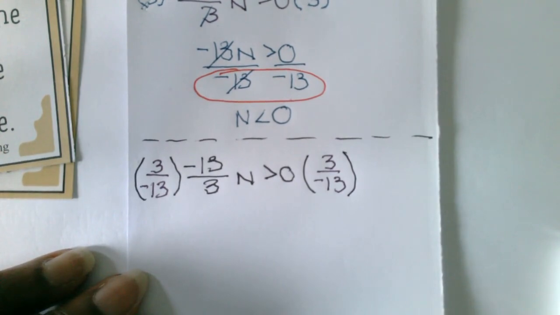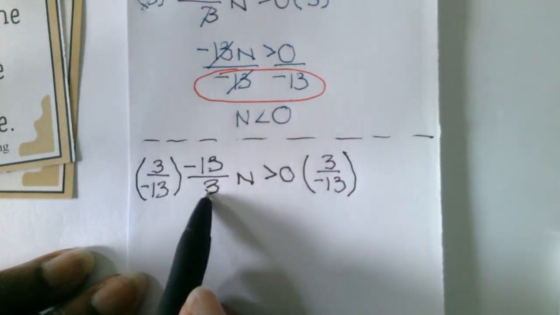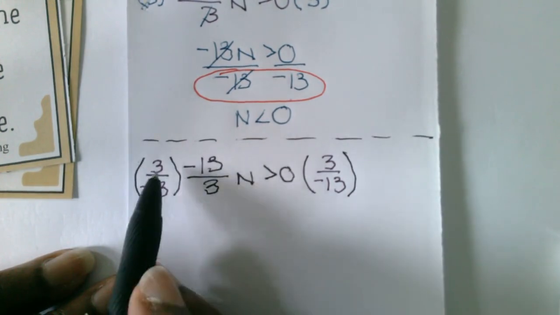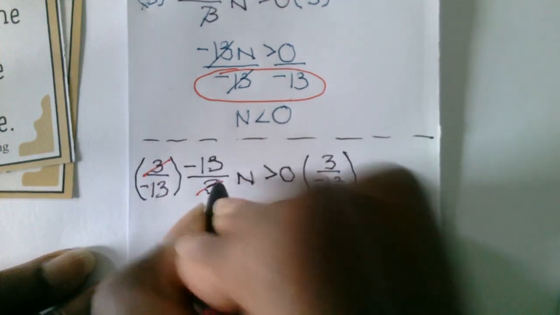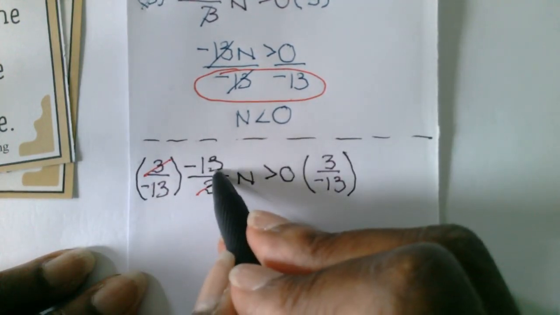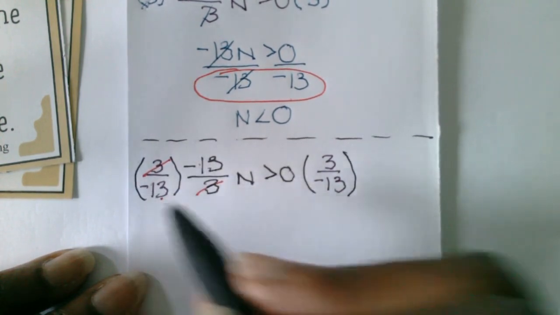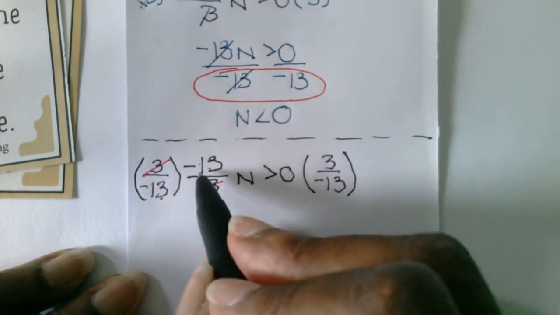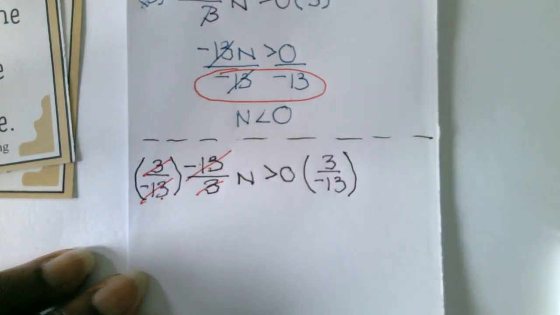The reason why you would do that is, take a look, some butterfly simplification. We have 3 divided by 3, that gives us 1. We have negative 13 divided by negative 13. A negative divided by a negative still gives us a positive, and 13 divided by 13 gives me a 1.